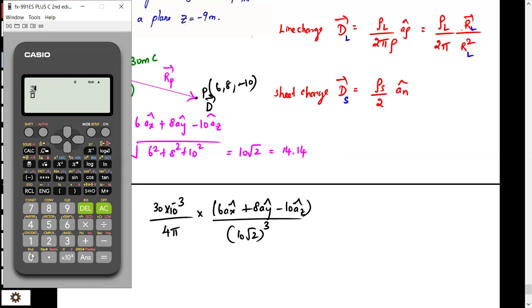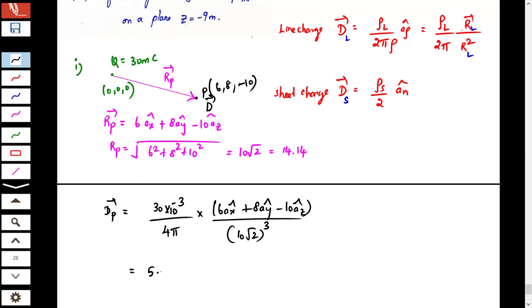Now we can use calculator and compute this. So which is 30 milli divided by 4 pi into, or I can write the denominator value also, 10 root 2, the whole cube. So this has to be multiplied with 6, which is 5.06 micro. So I'll write 5.06 aX cap.